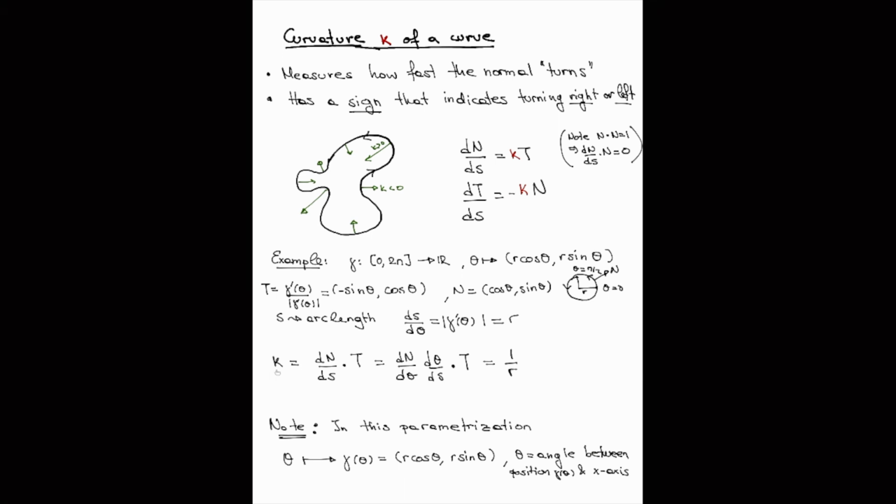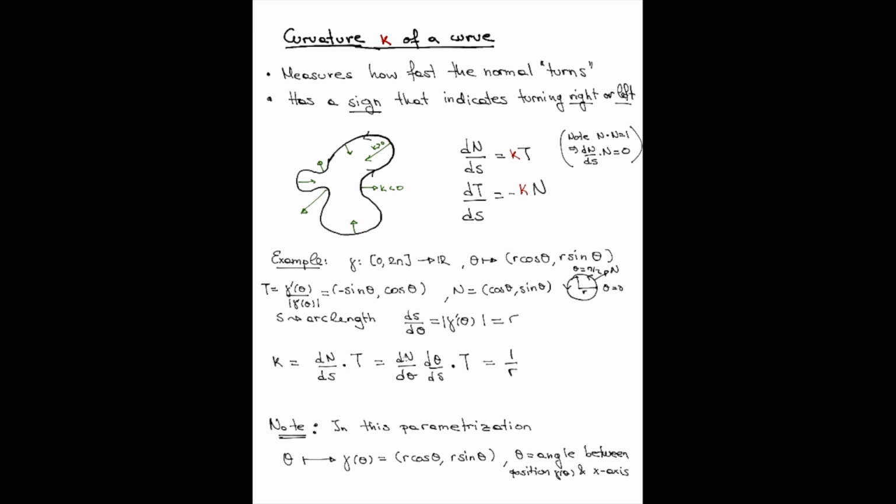Remember, kappa is given by d nu ds dot t, by this formula up here. I can do the chain rule here to get d nu d theta times d theta ds, dotted with t. And I just use ds d theta, what I got.